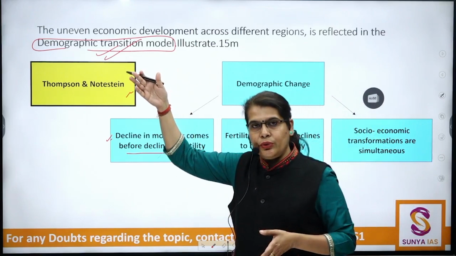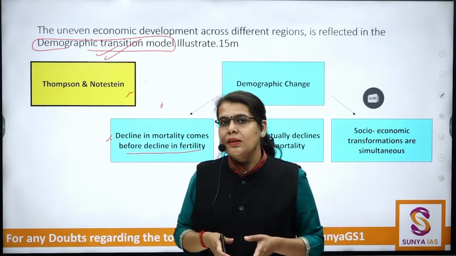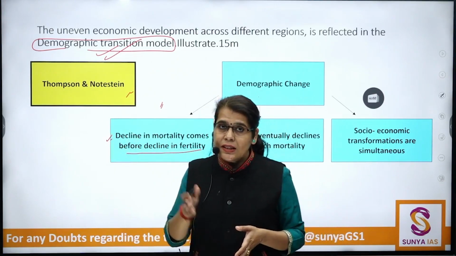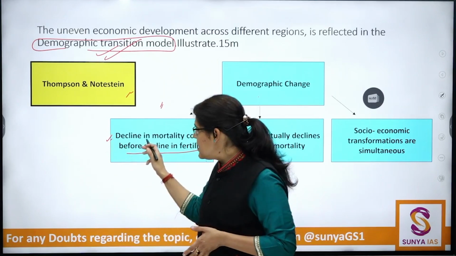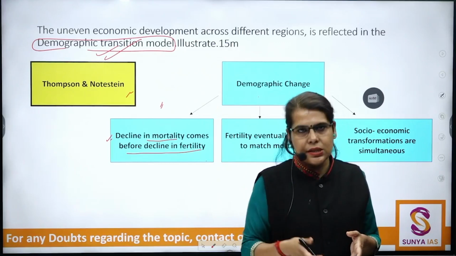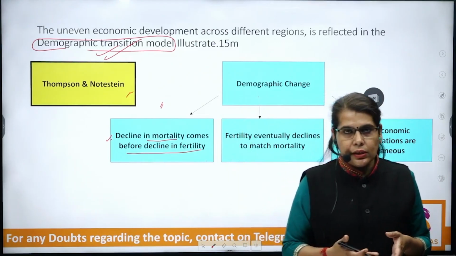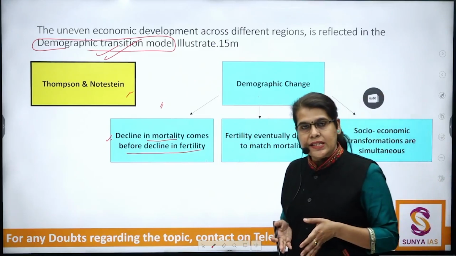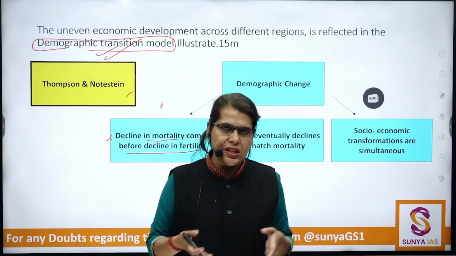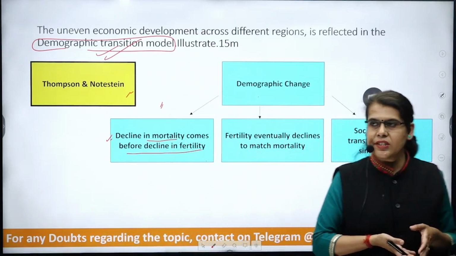Initially both birth rates and death rates are high, but in the 2nd stage the death rates start declining. So the decline in mortality comes before the decline in fertility rates. Fertility rates will continue to be very high in the 2nd stage, but in the later 3rd stage they will start declining, and in the 4th stage there is a complete transition.